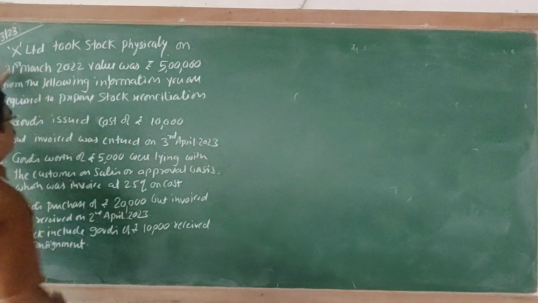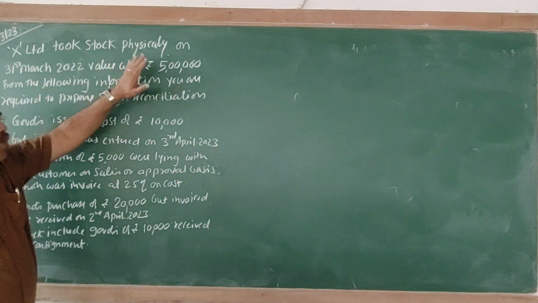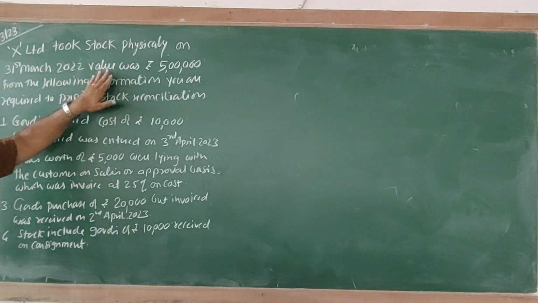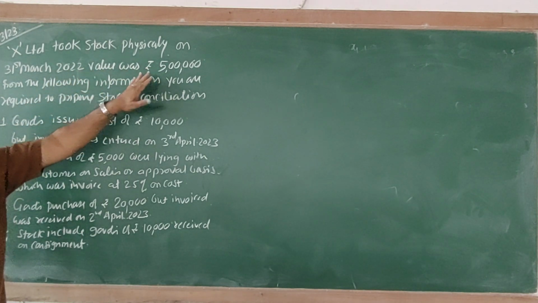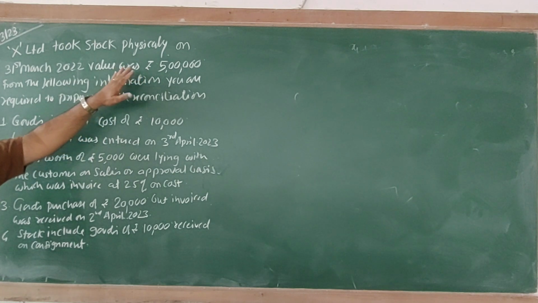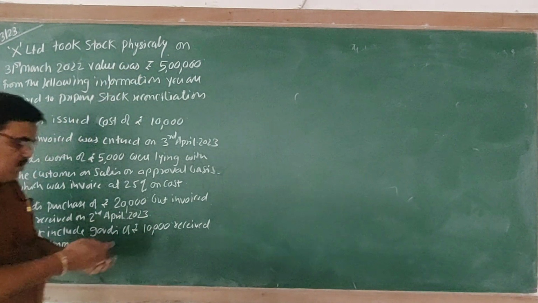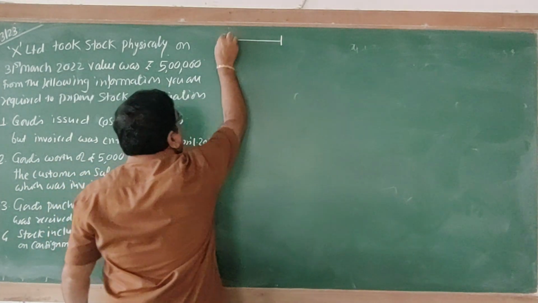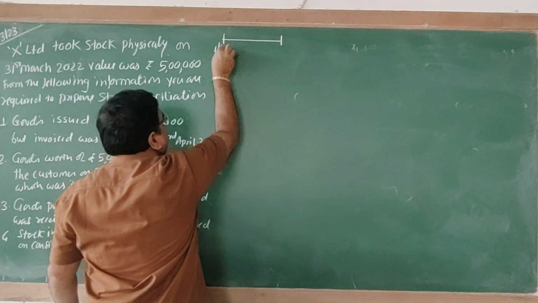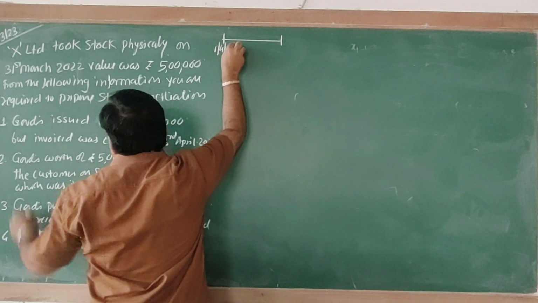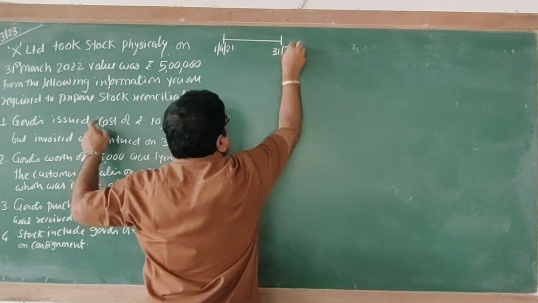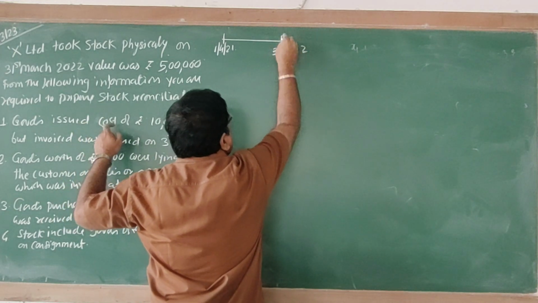X Limited took stock physically on 31st March 2022. Value of that stock was 5 lakh. So that means on the balance sheet date, suppose this is the year, starting from 1st April 2021 and ending on 31st March 2022.